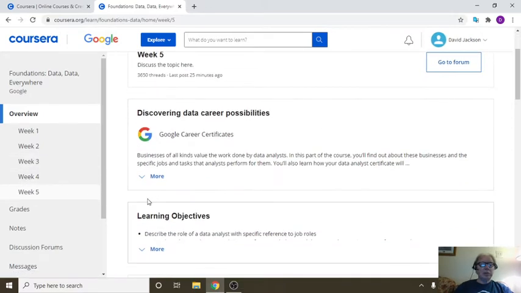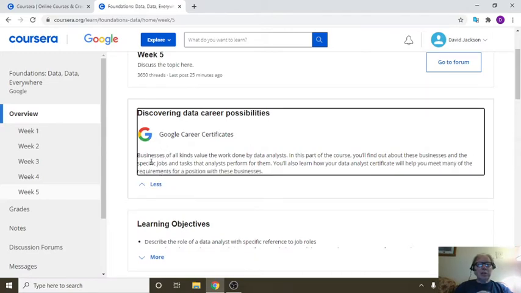Okay, what's supposed to be learned here? Businesses of all kinds value the work done by data analysts. In this part of the course, you'll find out about those businesses and the specific jobs and tasks that analysts perform for them. You'll also learn how your data analyst certificate will help you meet many of these requirements.